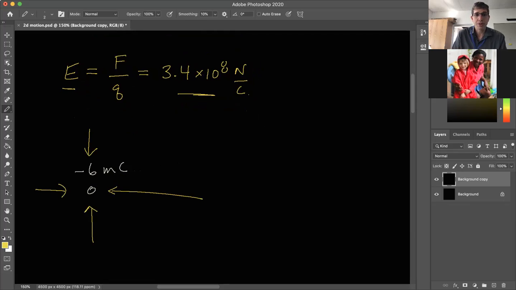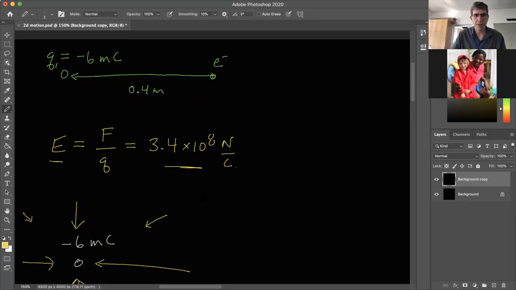It just represents the strength of the electric force around this charged object. As you get farther away from this charge, the electric force gets smaller and smaller, and we represent that with force vectors that get smaller as you get farther away. This charge creates an electric field, kind of like a gravitational field around itself, and all other charges that show up or go through this electric field are going to respond to it.